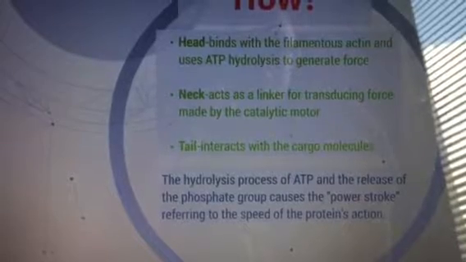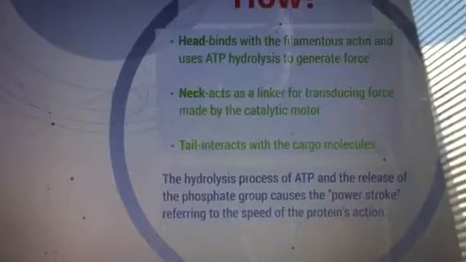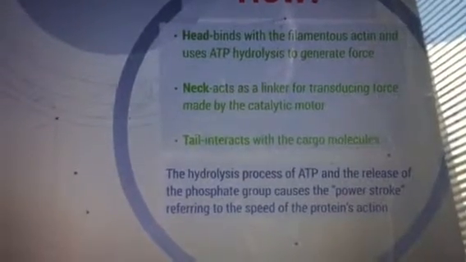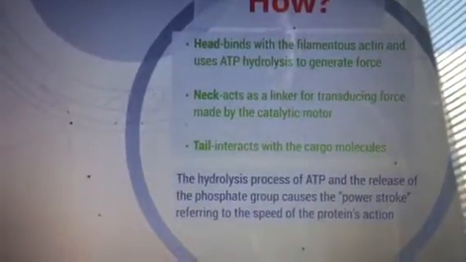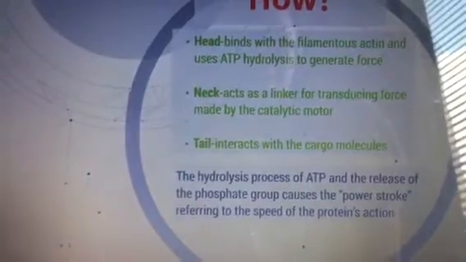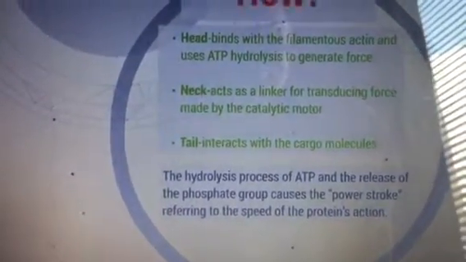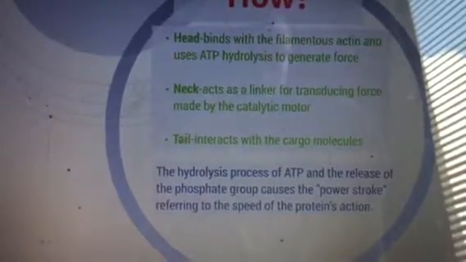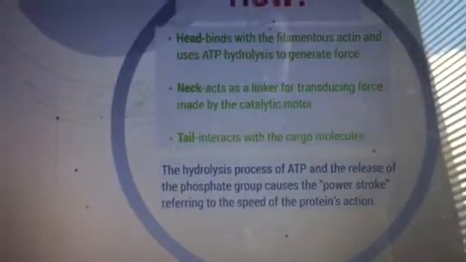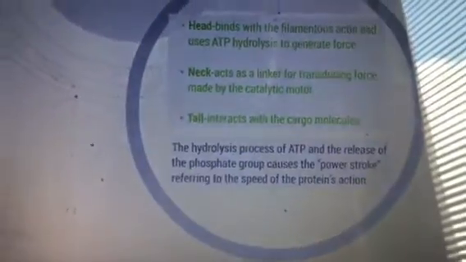The neck is the linker for transducing force made by the catalytic motor. Something like our neck, how our neck links our head to the rest of our body. This is basically the same idea. And then it has a tail, which is the third region, and it interacts with cargo molecules.